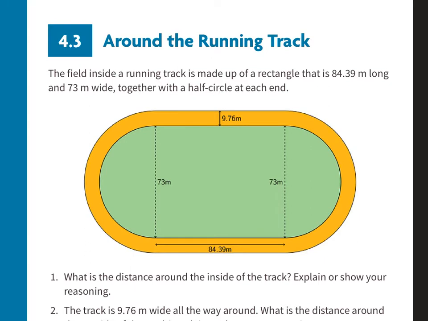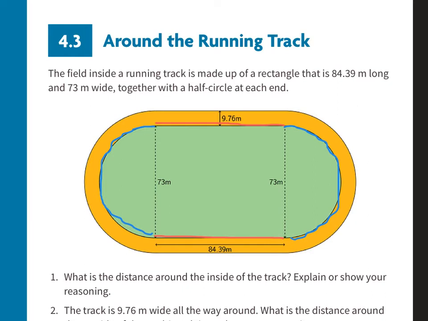So, if we look here, the inside of the track has a red line here, and has a red line here, and then has a half circle here and another half circle here. So if I put the 2 half circles together, I get 1 whole circle. Okay?